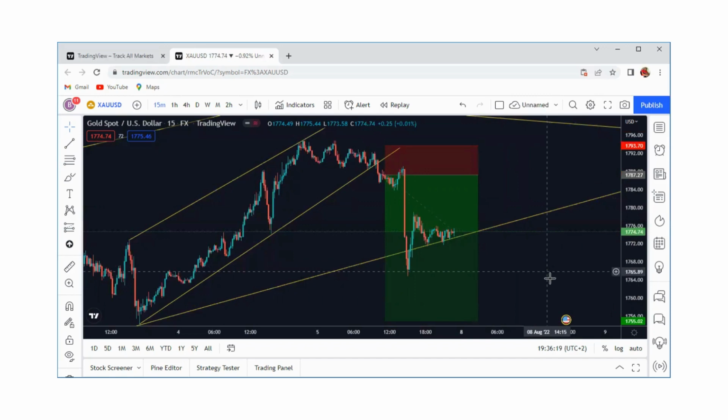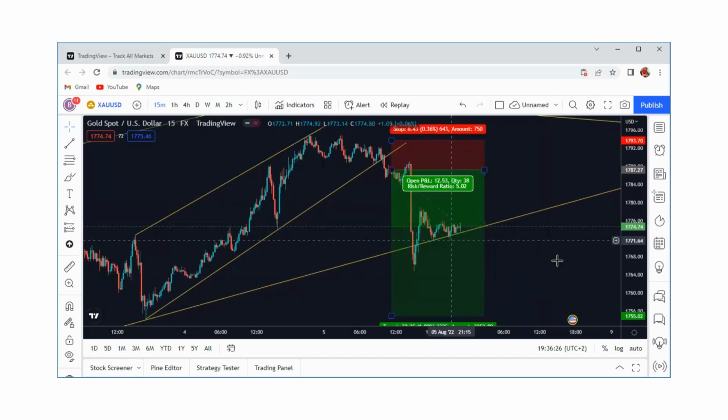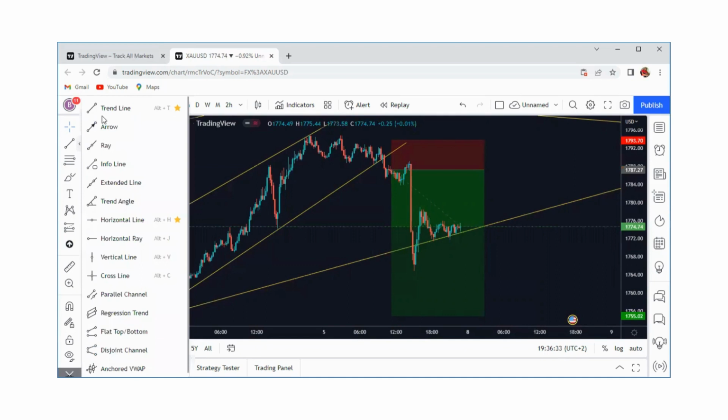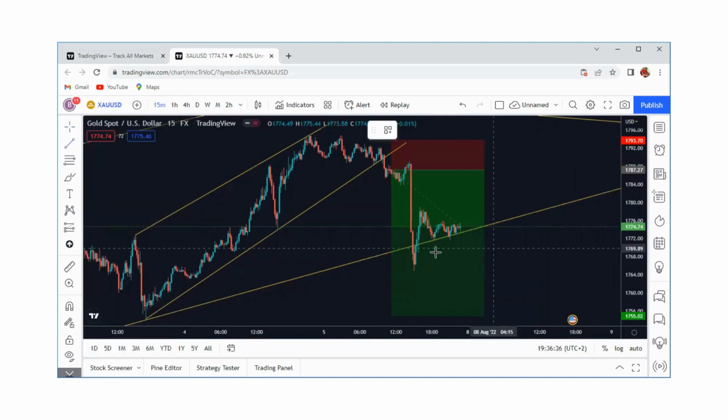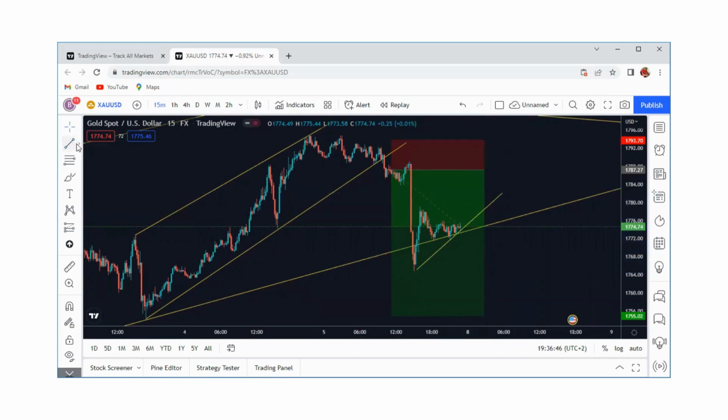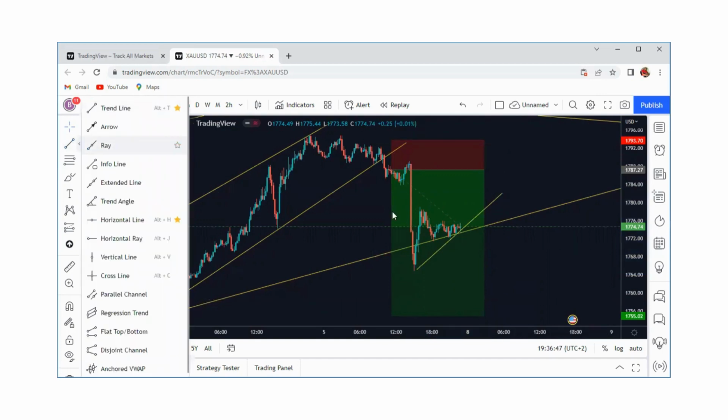So for the coming week, I'm just waiting for the market to open. I'll still be looking for another entry on gold. I'll be looking to scale in on my second trade. So this is what I'll be looking for in order for me to go in.